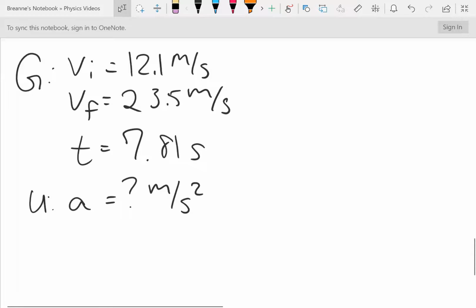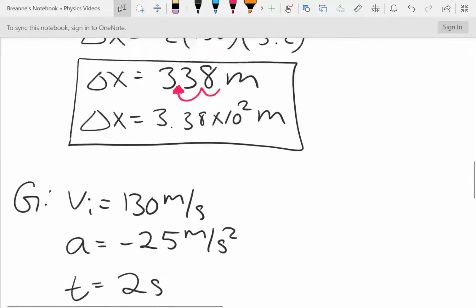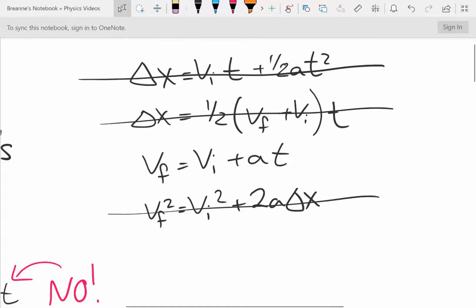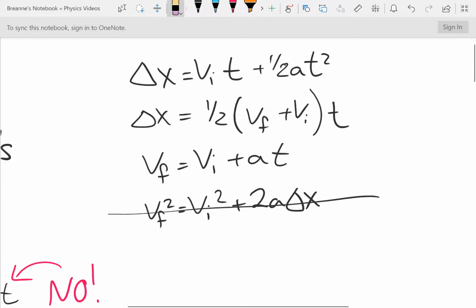So again, you would look at your equations, and you would see that we need acceleration. So if you look, the second one does not have acceleration in it, so we cannot use the second one.